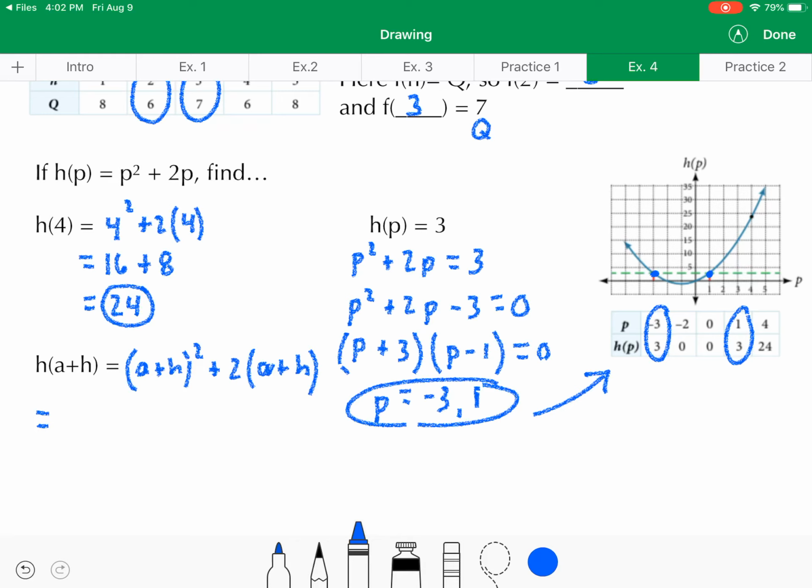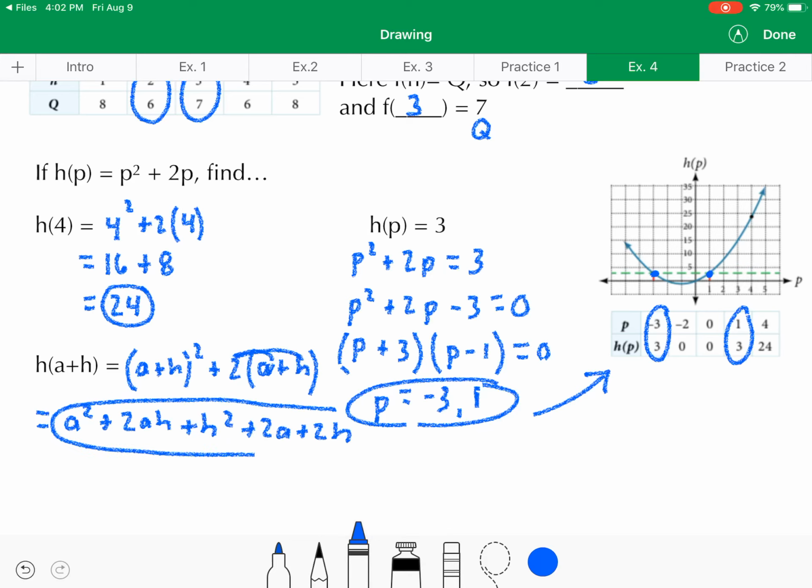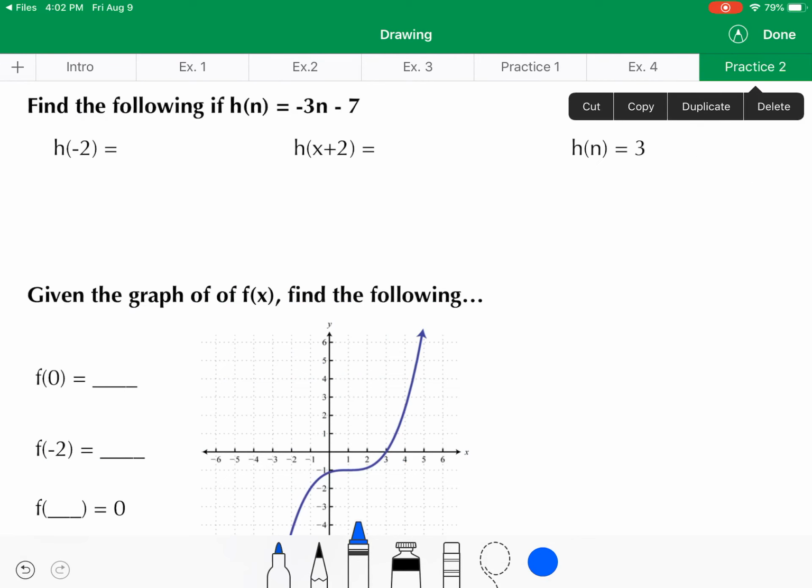Careful on a plus h being squared. You have to square the binomial, and then distribute here. All right, pause the video for a second, try all these on your own, then come back to it and check your work.